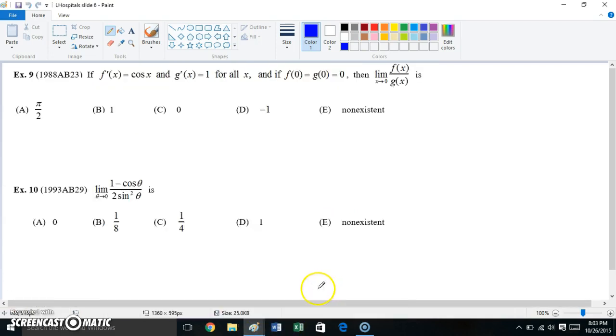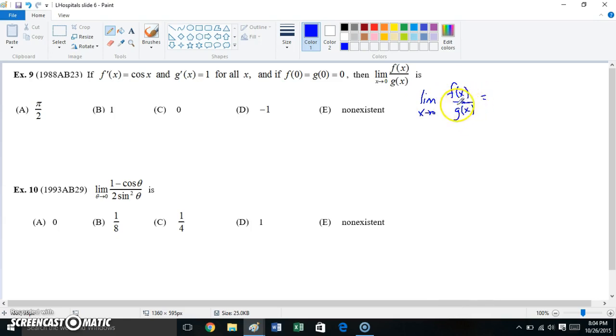I'm going to go to number 9 on the next page. It's the same, just gives me a little more room. Okay, it says if f prime of x is cosine of x and g prime of x is 1 for all x, and if f of 0 equals g of 0 equals 0, then evaluate this limit. Okay, so the limit as x approaches 0 of f of x over g of x.